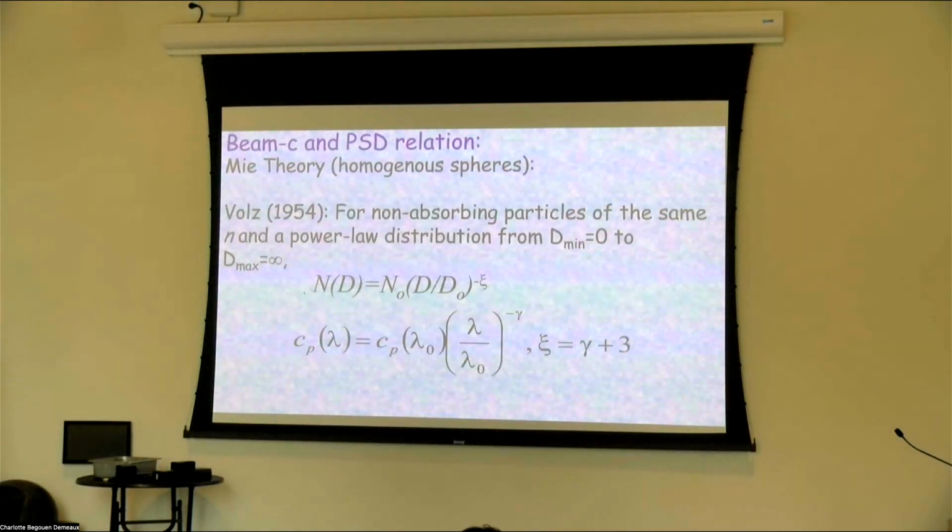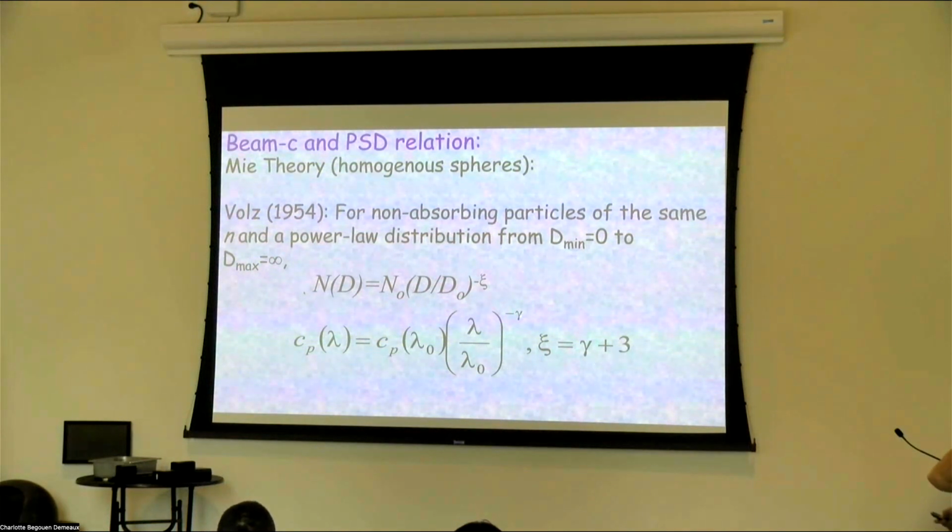And indeed, there's a theory from Van de Hulst for non-absorbing spheres that ties this particle size distribution, the one that we just heard about from Wayne, the power law size distribution. He was doing atmospheric work, and you predict that if you have this kind of particle, you have this type of beam attenuation.